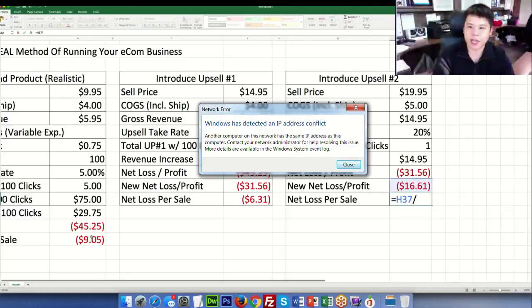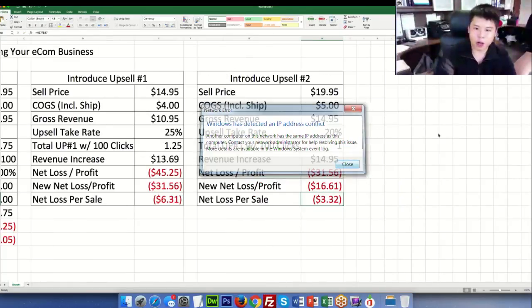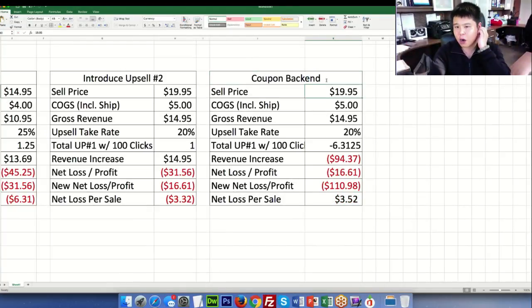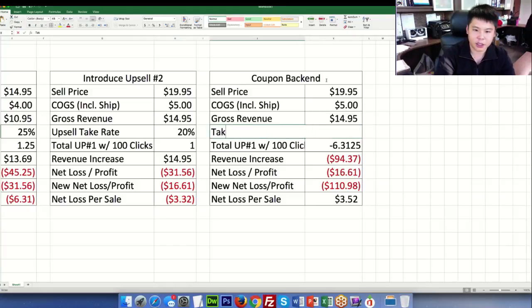Next step is that you want to basically introduce the coupon back in, okay? And it depends on what you sell in your store. Let's say that you technically sell on average $19.95 again, and you have $5 shipping. The take rate, okay, I've seen anywhere from 5% all the way to 15%.